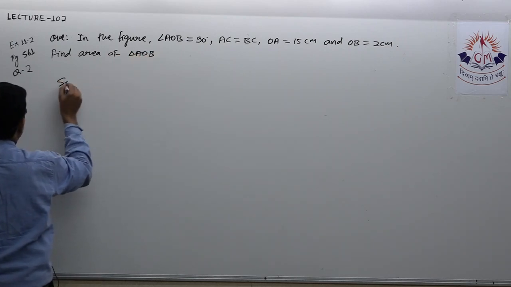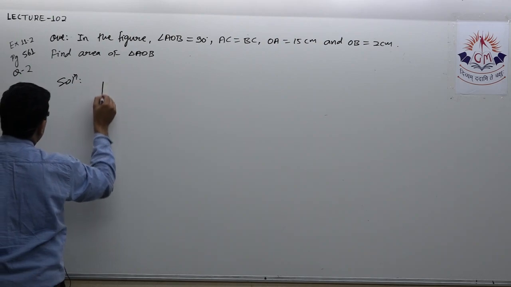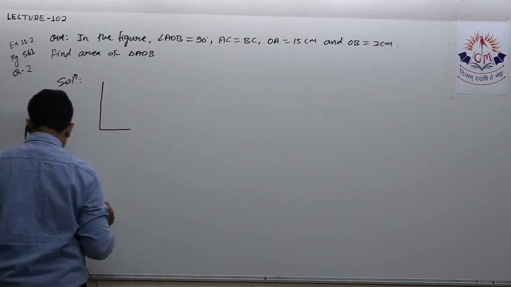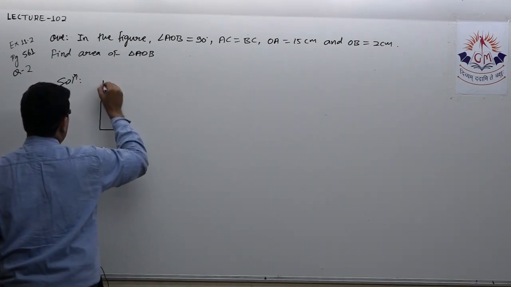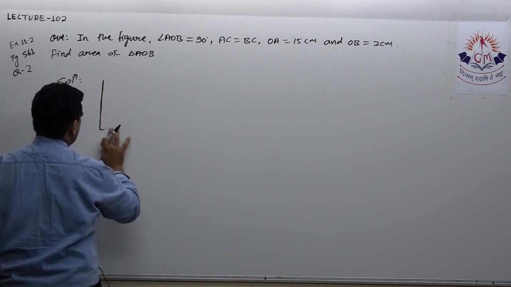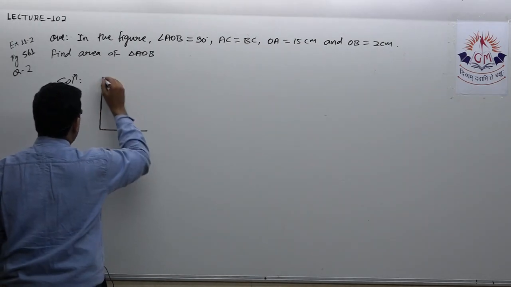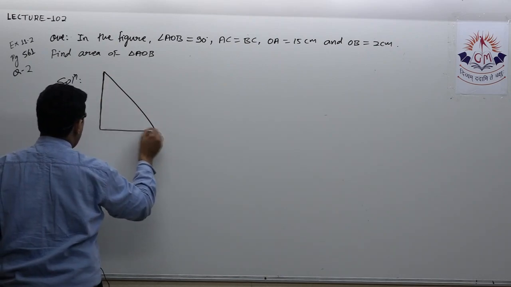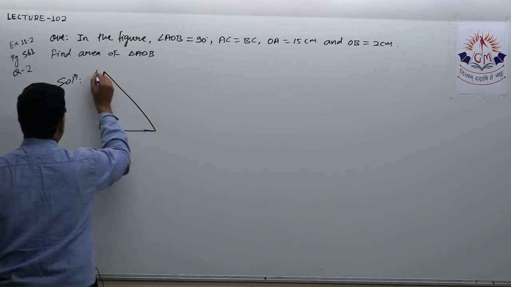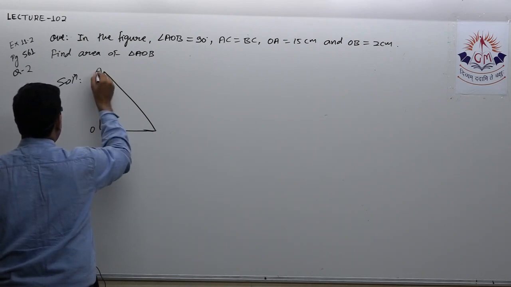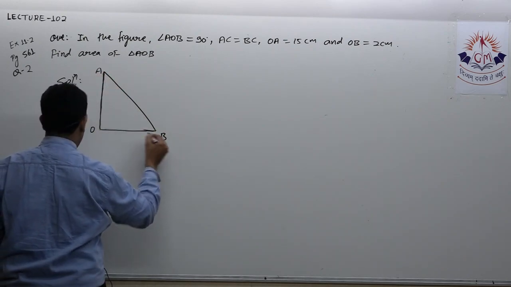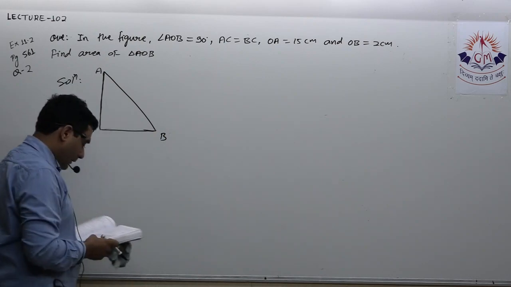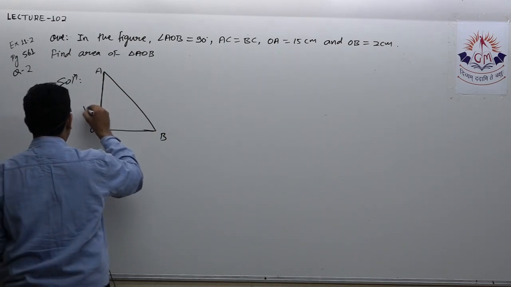So let us see its solution. The diagram is given. In this diagram it is given that angle AOB is equal to 90 degree. This is 15 centimeter.